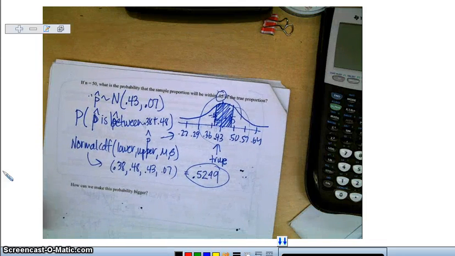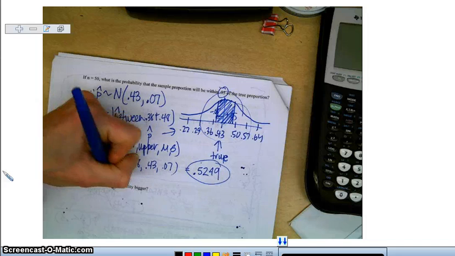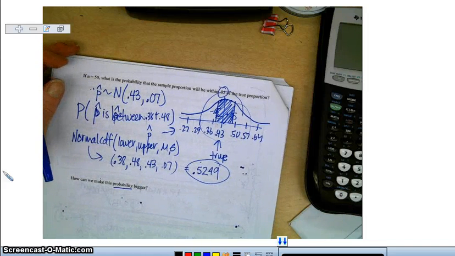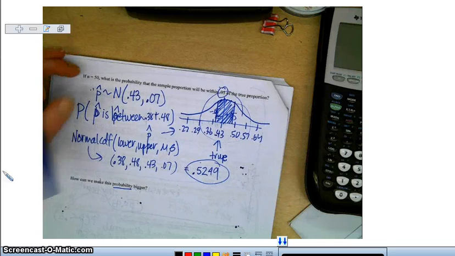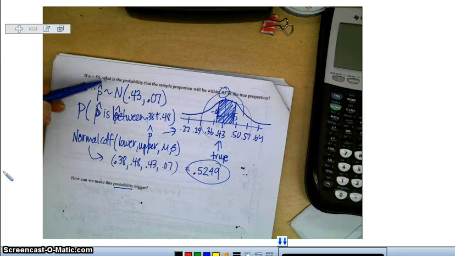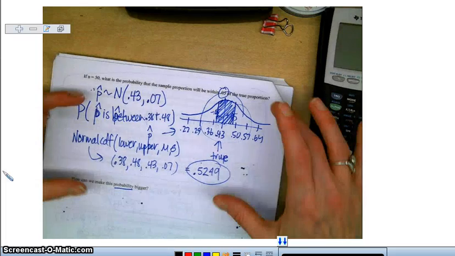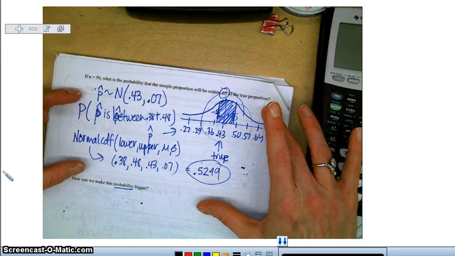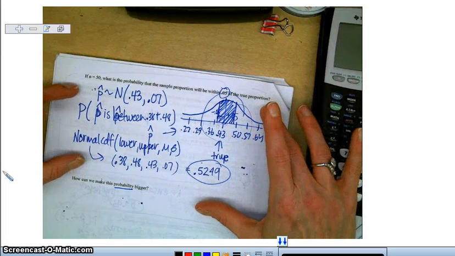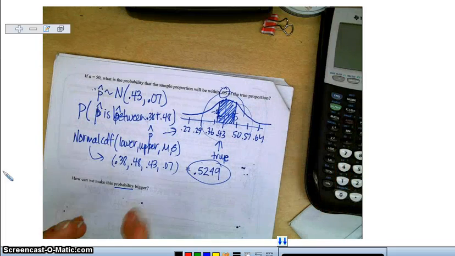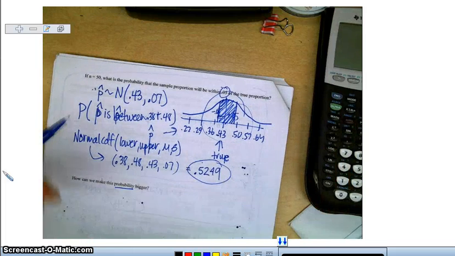Okay, so now the next question is, how can we make this probability bigger? What is the probability that the sample proportion will be within 5% of the true proportion? This is actually a very important question. Being within 5% of a true value, isn't the 5% like the error?